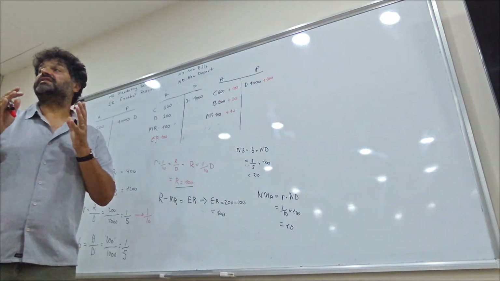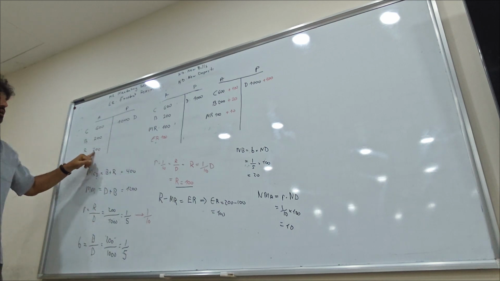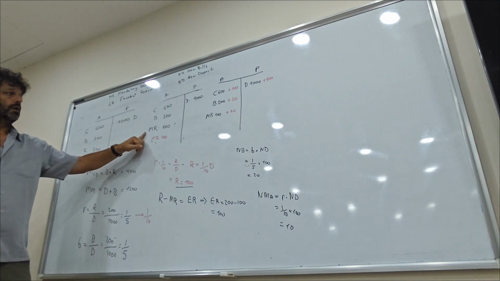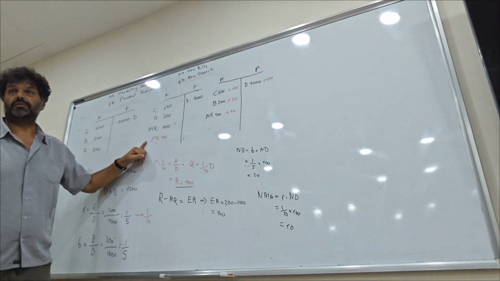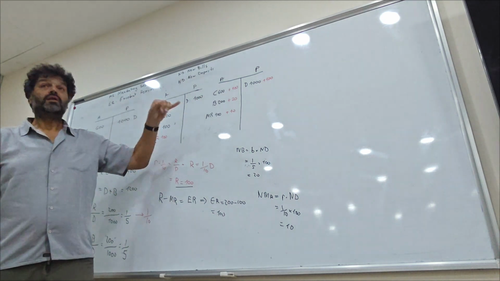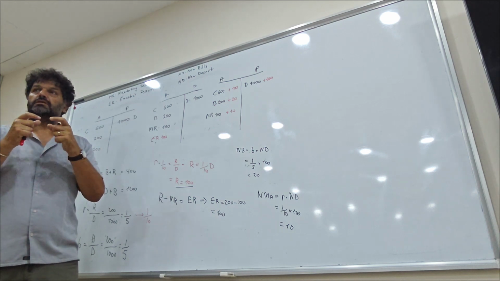How many reserves did I have in the beginning? 200. Out of these 200, 100 became mandatory and 100 became excedent. Now, this 100 excedent here, it's still bills, guys. This is what you must understand. It's always bills.